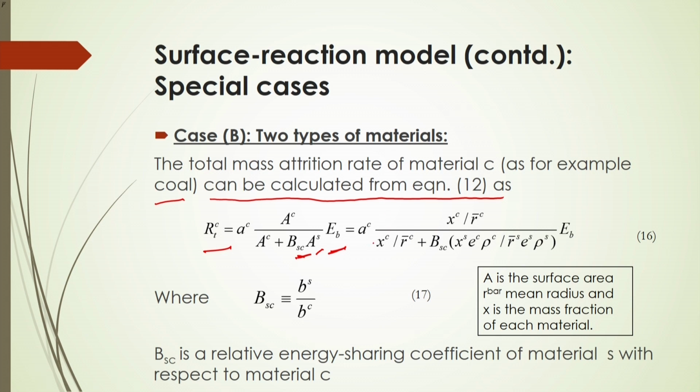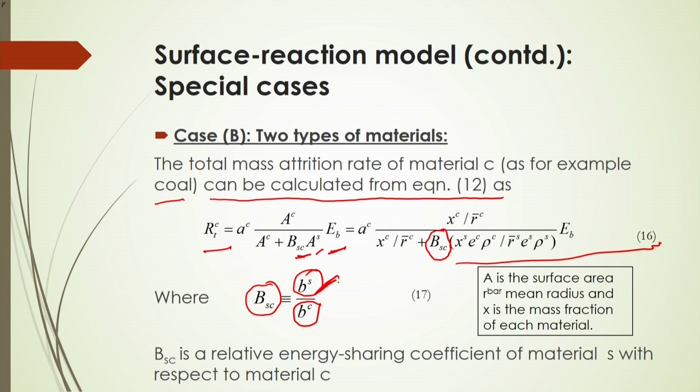It will be AC into XC by RC over XC by RC plus BSC, where BSC is the constant for the sand and coal mixture. By equation 16, you can calculate the total mass attrition rate of component C, that is coal, where BSC is defined as BS by BC.